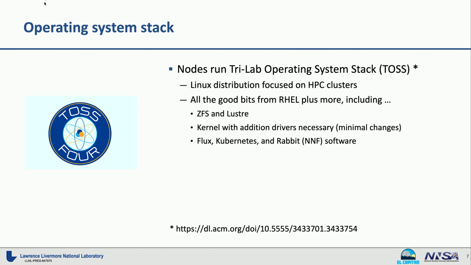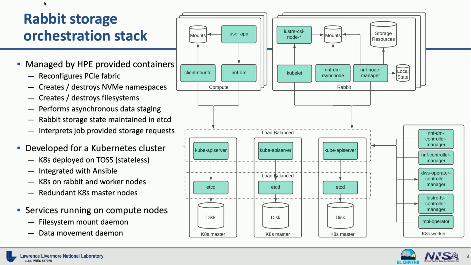And in this case, or rather, because of these rabbits that we're getting, it also includes Flux, which is a resource manager, Kubernetes, and a special software stack specifically for managing the rabbits. So that orchestration stack for managing the rabbits is pretty complex because it needs to do a lot.